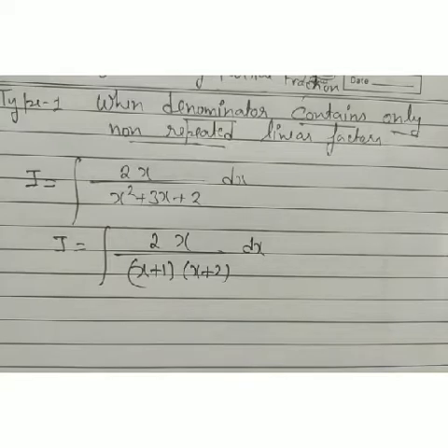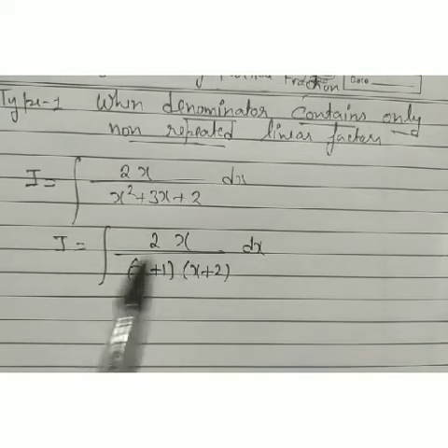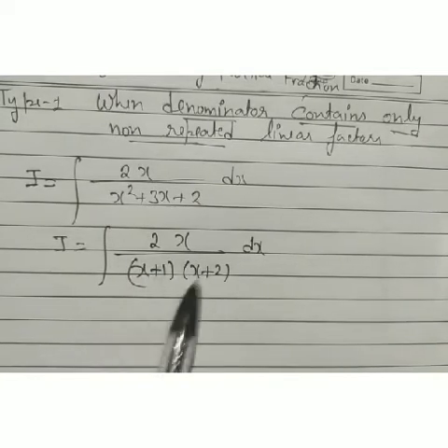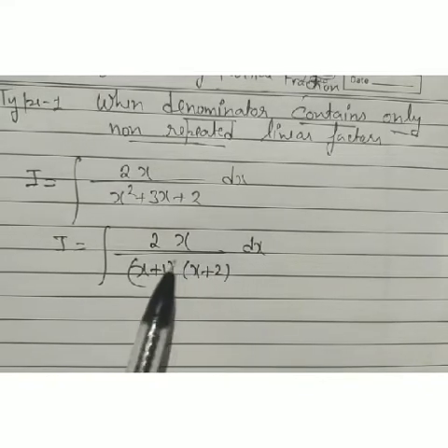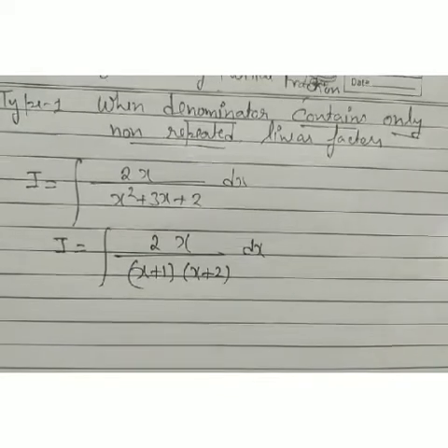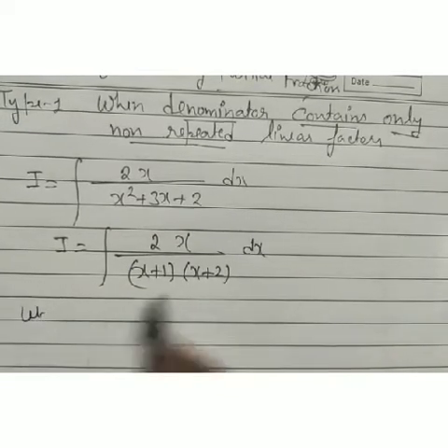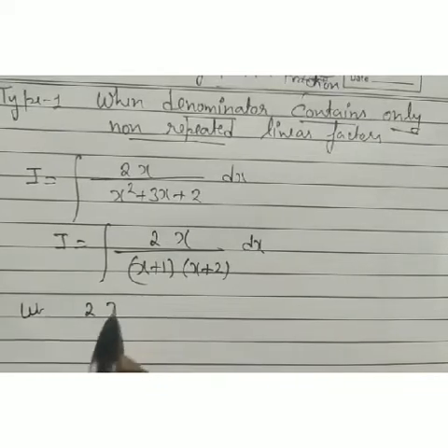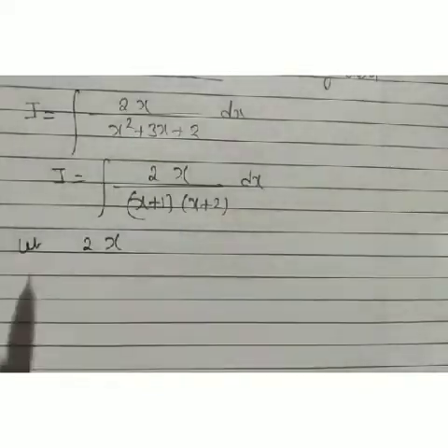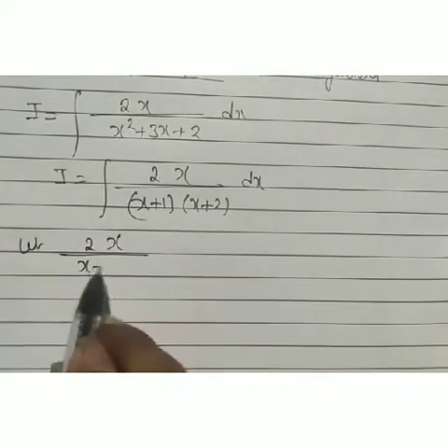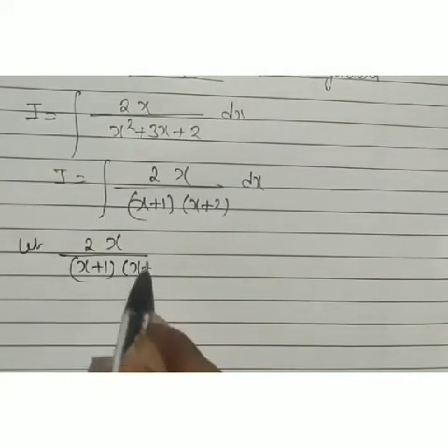Now look what we have. We have two non-repeated roots: one root is -1, the second root is -2, and it's a case of non-repeated roots. Then how can we take this function, 2x upon x plus 1 and x plus 2?